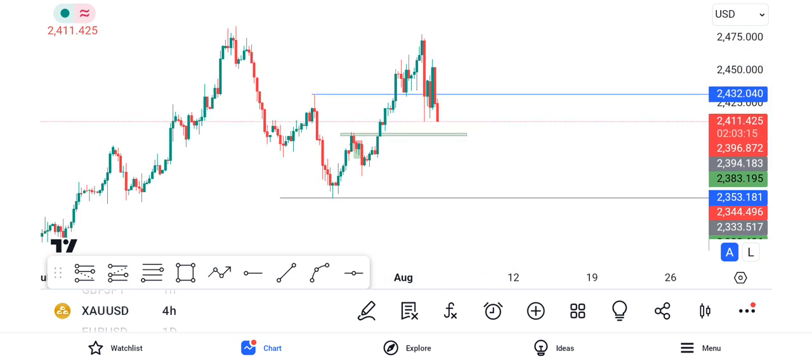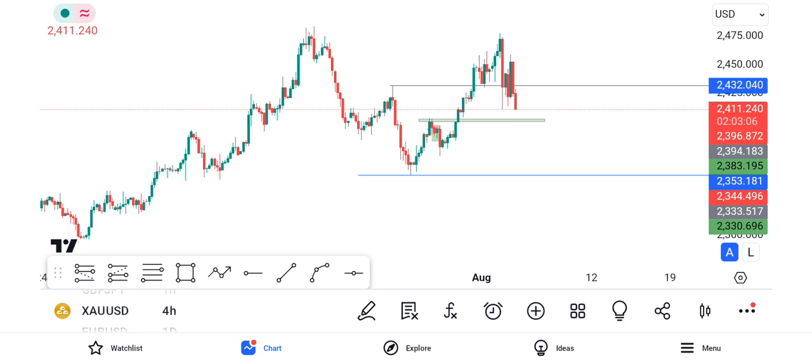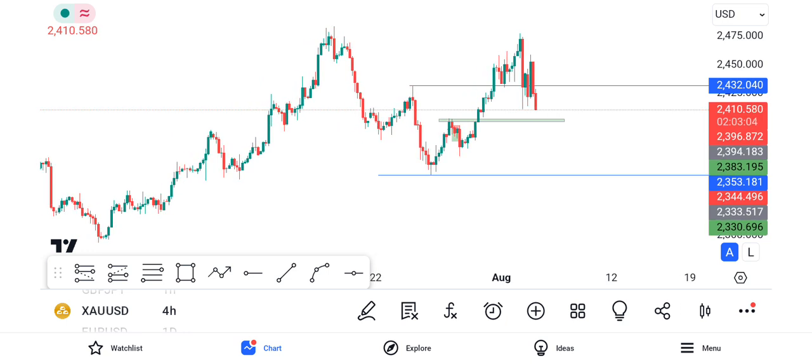But currently on the 4 hour time frame, it's bullish. Only on the 4 hour time frame it's bullish.